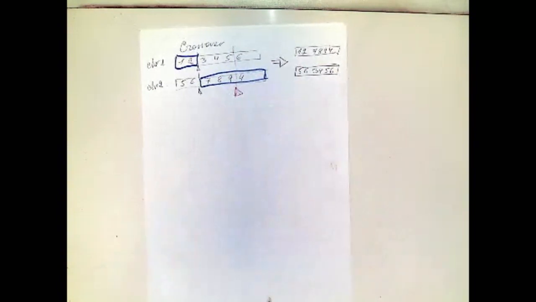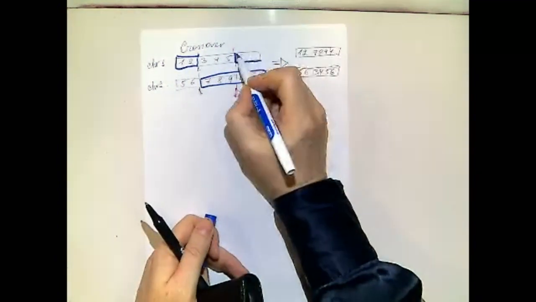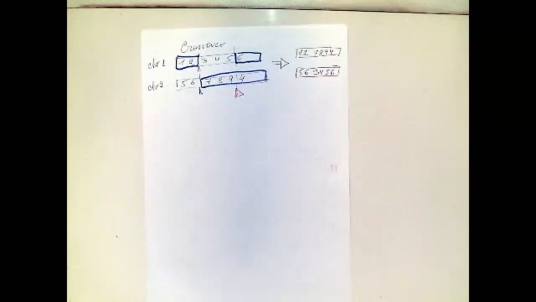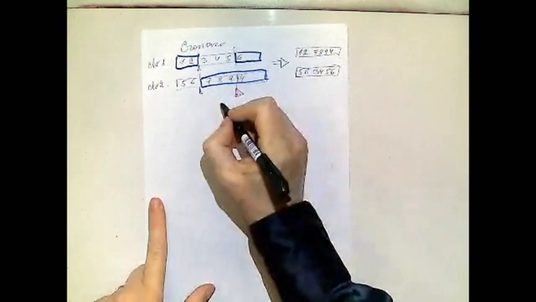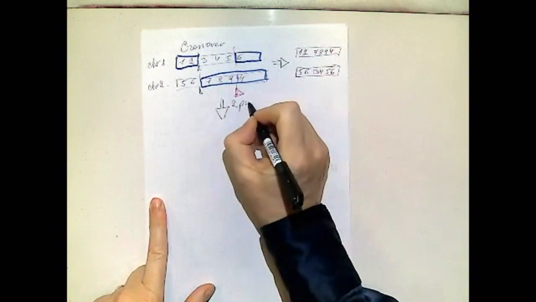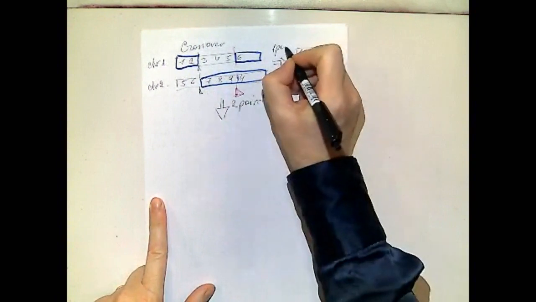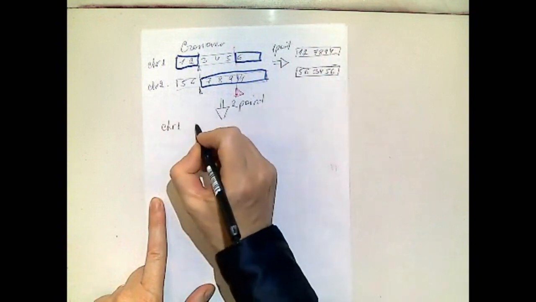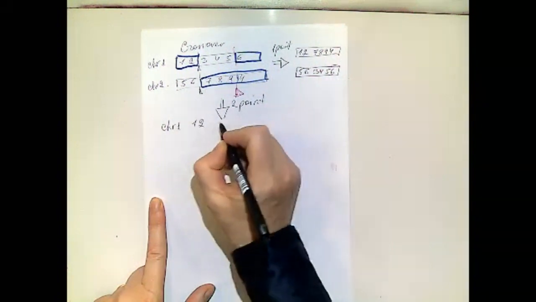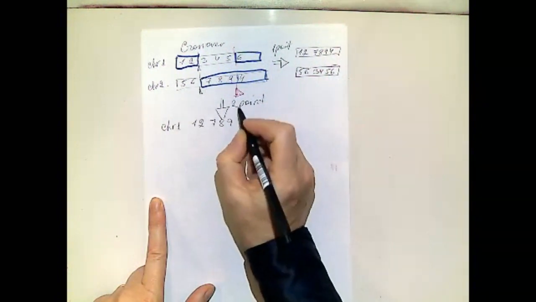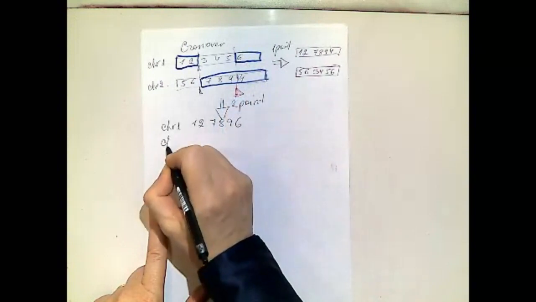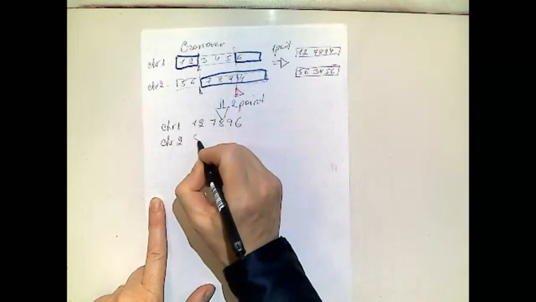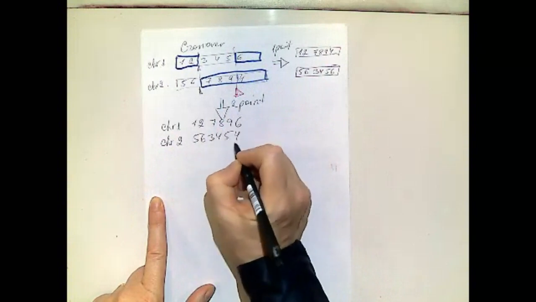If it is a 2-point cut, what would happen? Can someone try? Change the middle. So, yep, 1, 2, 7, 8, 9, 4 and chromosome 2: 5, 6, 3, 4, 5, 4. Yeah, you got it.